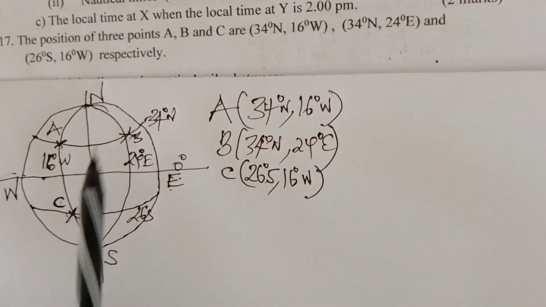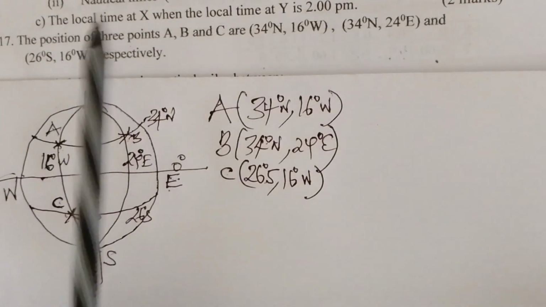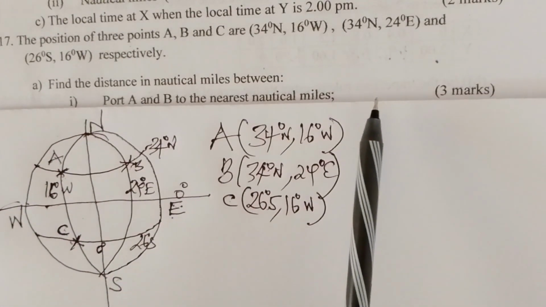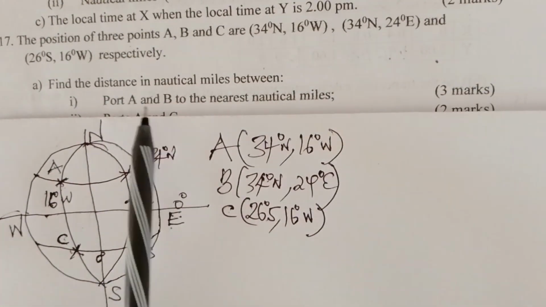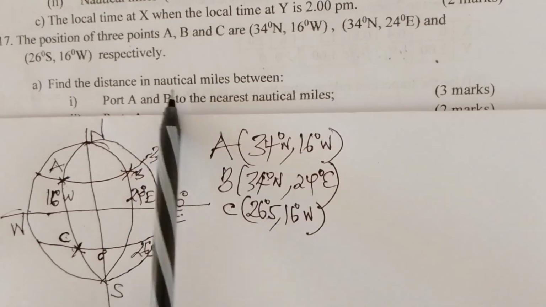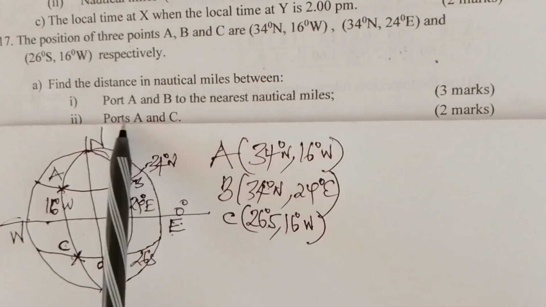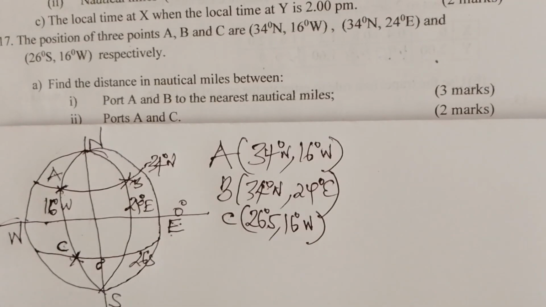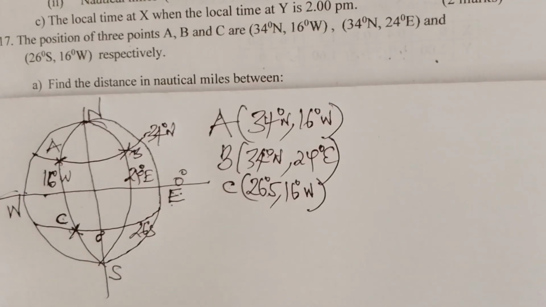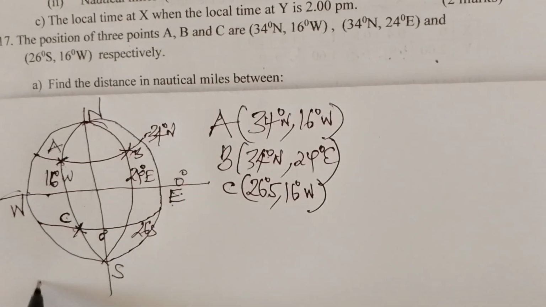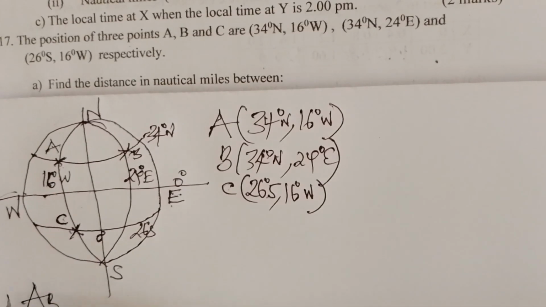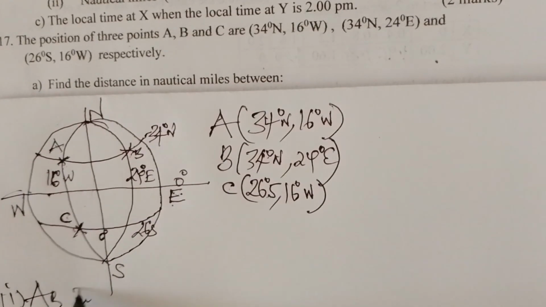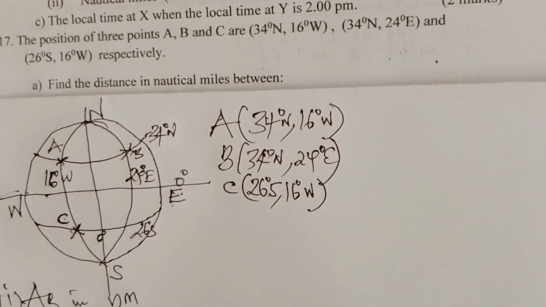Now the first question is to calculate. We're told to find the distance in nautical miles between ports A and B to the nearest nautical mile. Roman 1, A and B in nautical miles.